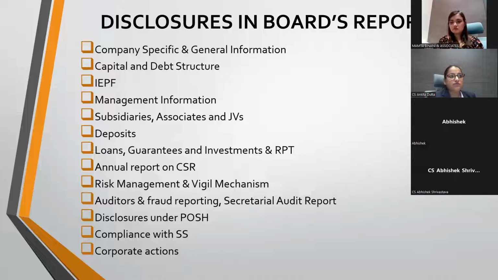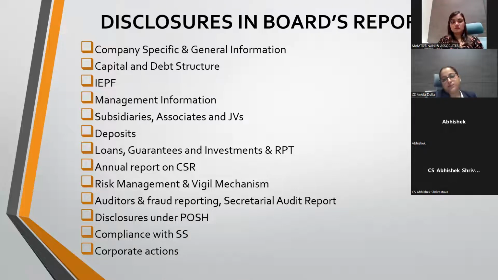So you have to give the details of which application is filed under CIRP, whether the financial creditor or operational creditor has filed an application, and what the correct situation of the company is before the court or tribunal. You have to include such information in the board's report.